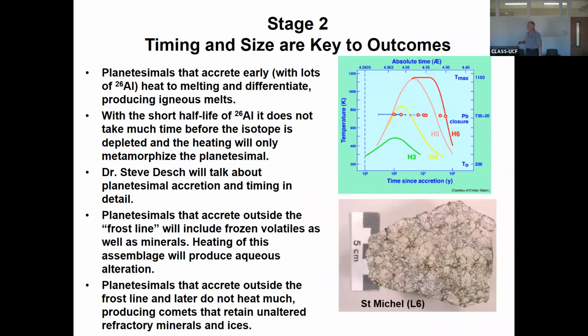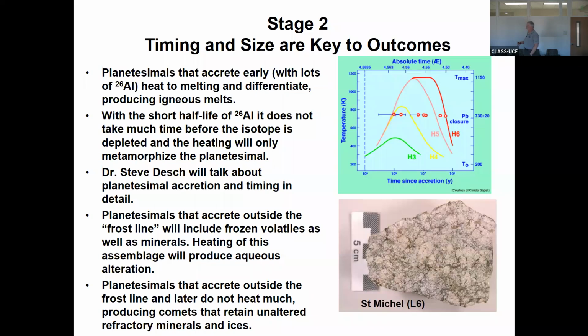If you're inside the frost line, you don't have much ice. If you accrete outside the frost line, but you accrete much later than the aluminum-26 active period, you're not going to heat much.